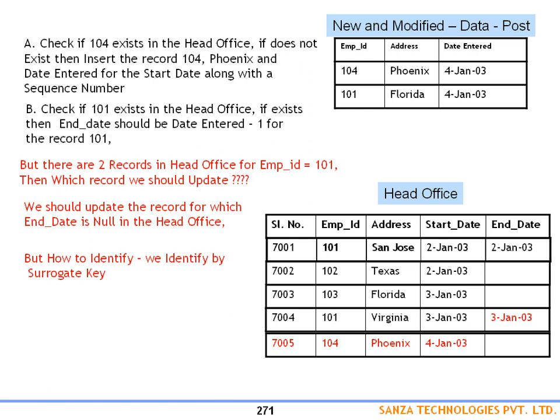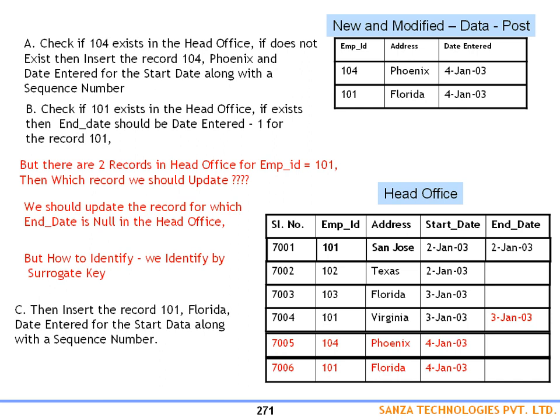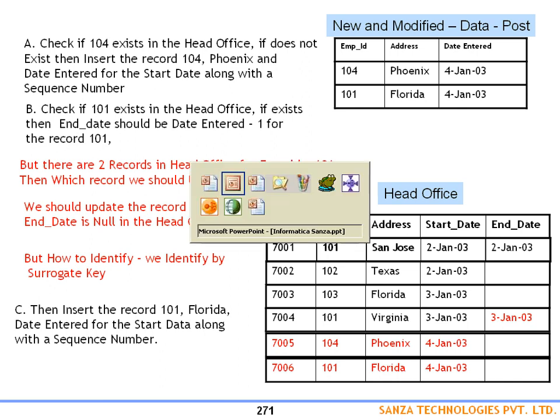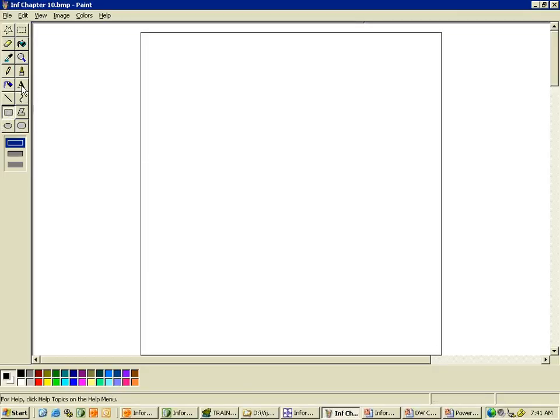Then we insert 101 Florida as a new record in my dimension table, or in my head office. So this is called SCD type 2, the logic in SCD type 2. If you want to understand it in simple English, what we do?